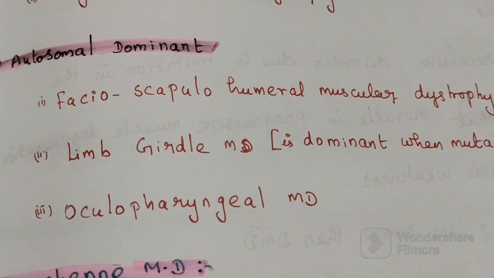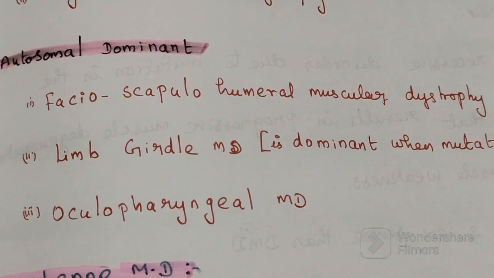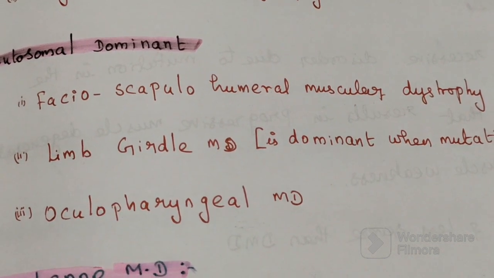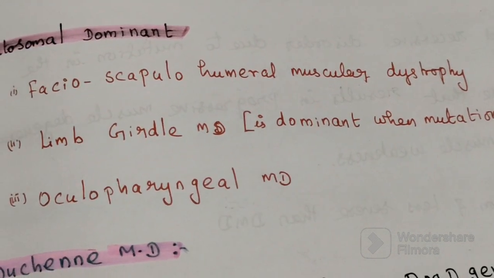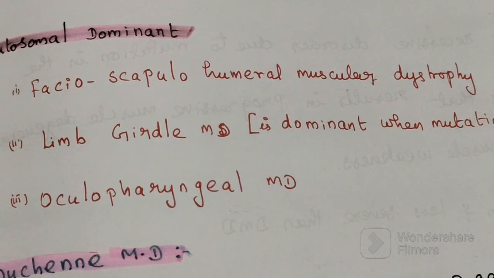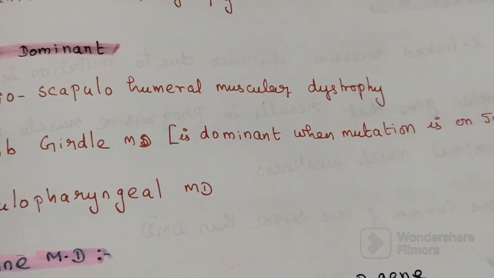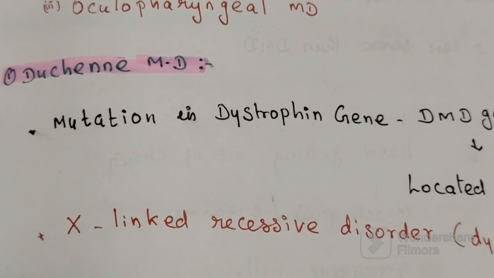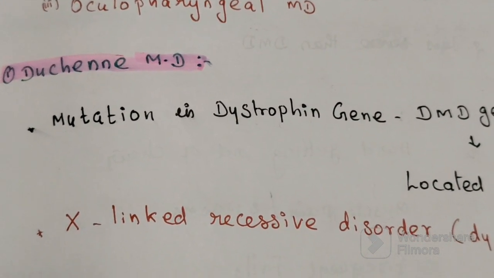So in autosomal dominant, we have facioscapulohumeral muscular dystrophy, limb-girdle muscular dystrophy, and oculopharyngeal muscular dystrophy.